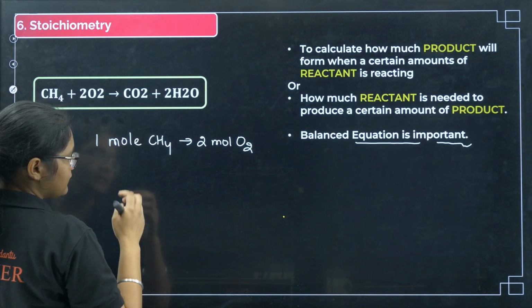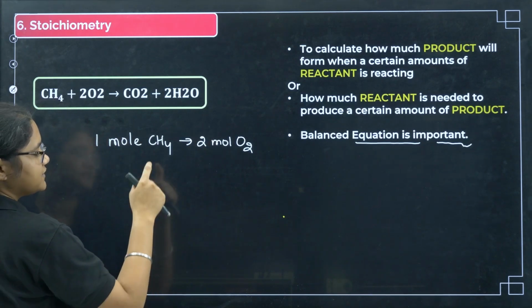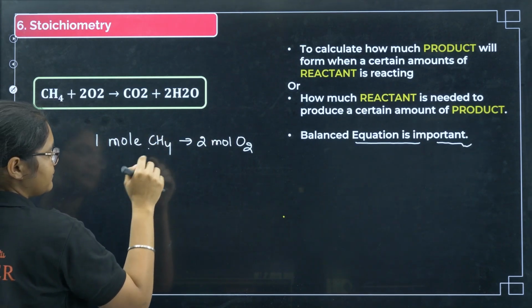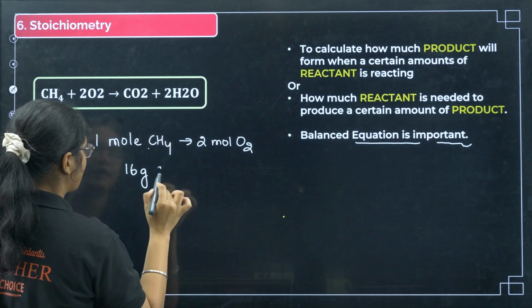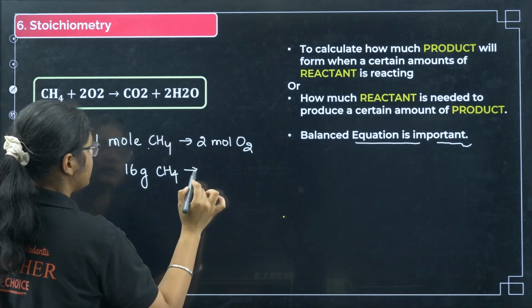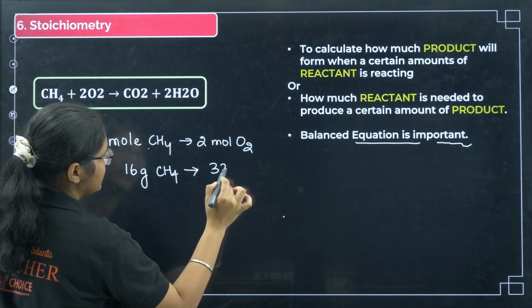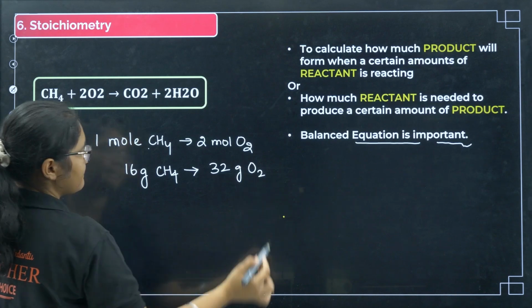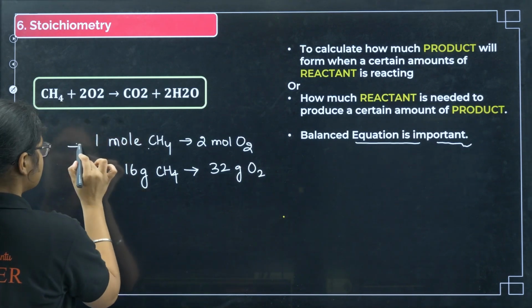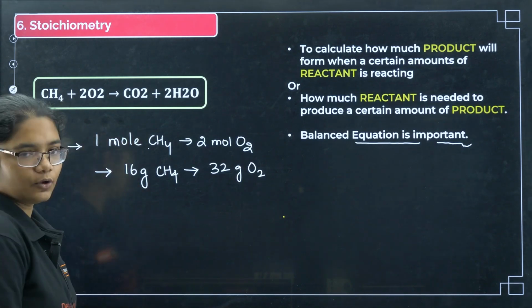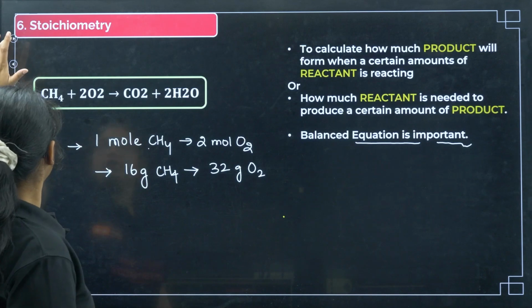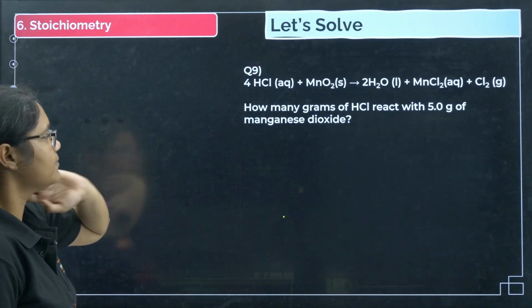I can also say the same thing in terms of mass. CH4 mass is 12 plus 4, 16. So 16 gram of CH4 reacts with 16 into 2, 32 gram of O2. You can talk in terms of mass as well. Clear?